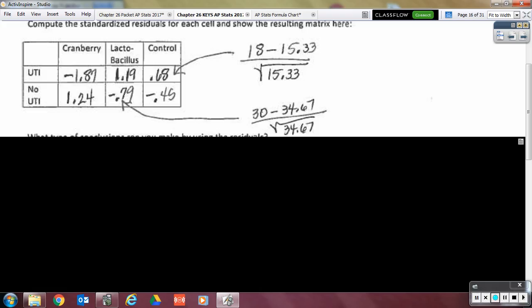Some of them are bigger numbers. The bigger the number, what can you say? The farther away it is from expected, in both directions, the bigger the magnitude. Our question said, additionally, make a comment about the benefits of cranberry juice in warding off urinary tract infections. So what can you say about cranberry juice and urinary tract infections?